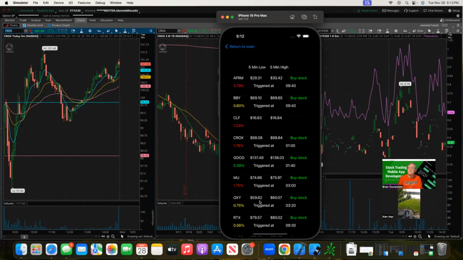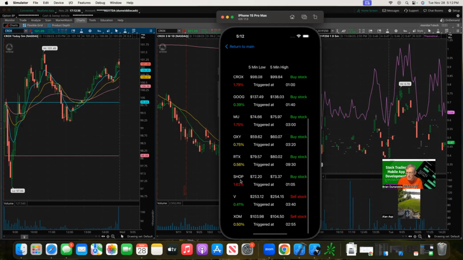Shop, down below, is going to be off the list. What you want to do is get a good list of stocks that move every day, that move in enough of a range that you can profit off of it.